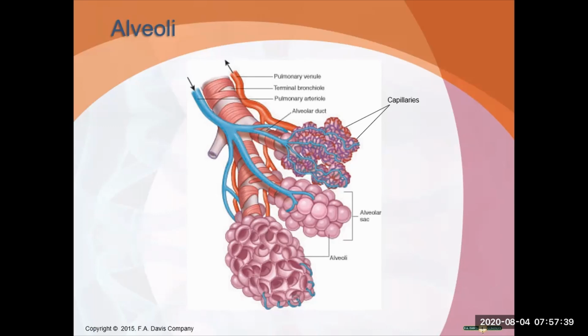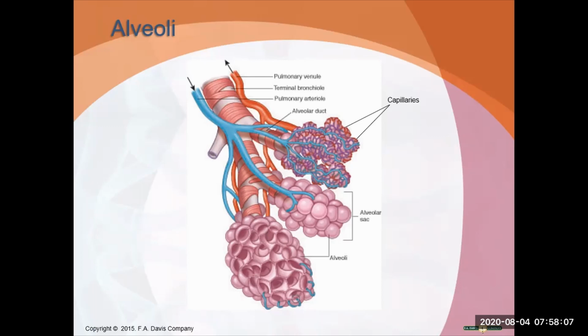Cigarette smoking paralyzes these cilia. As a result, mucus accumulates in the lower portions of the bronchial tree, causing the typical smoker's cough as the lungs attempt to rid themselves of the excess mucus. Fast fact: infants born before 28 weeks gestation commonly lack surfactant.